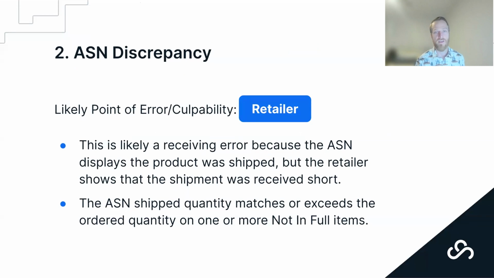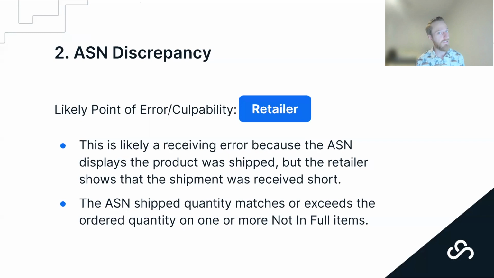Well, if you can look at your ASN quantity or shipped quantity, and it shows you shipped that item in full, then that is a scenario where you may want to fight back and dispute because, again, according to your data, you shipped those cases out. And so sometimes this, again, could be a receiving issue, and you may want to dispute that. So it's important to look at that shipped quantity.